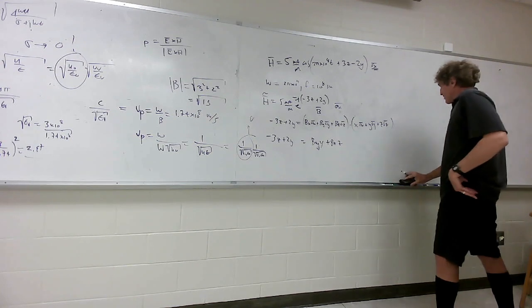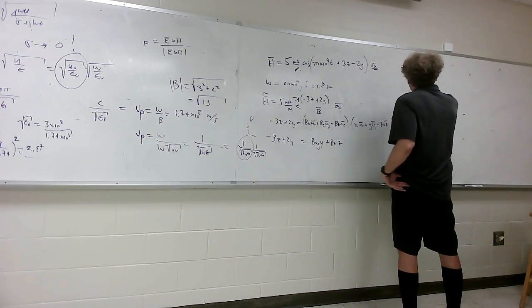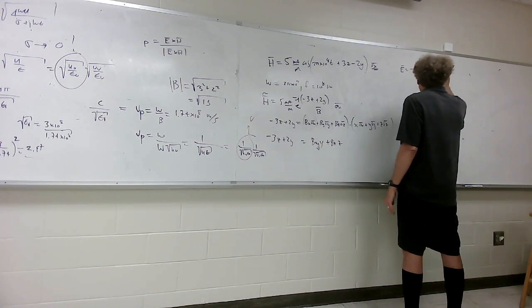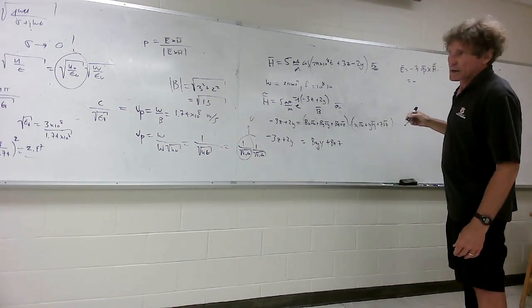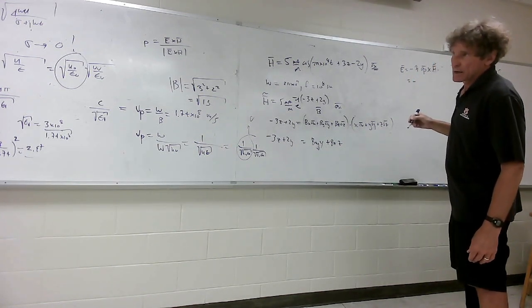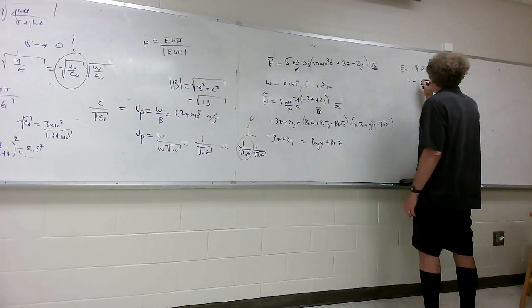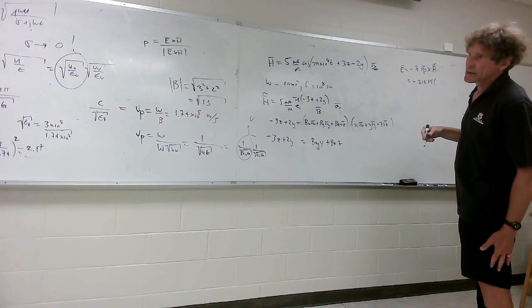I put the E field up here, right? The E field, therefore, is equal to minus eta, we have that there, times the unit vector in the direction of propagation crossed into H. And that's going to be minus 218.75 times the unit vector in the direction of propagation.